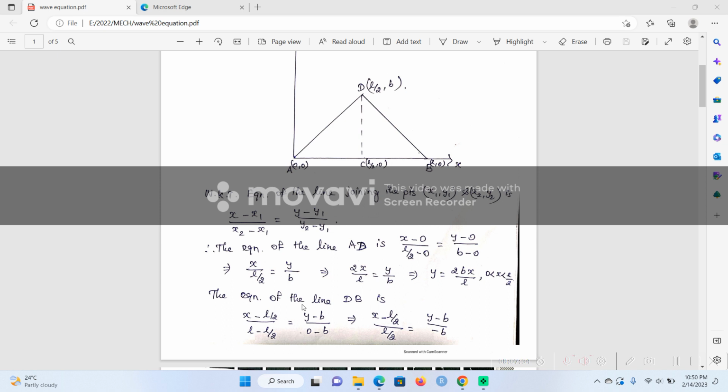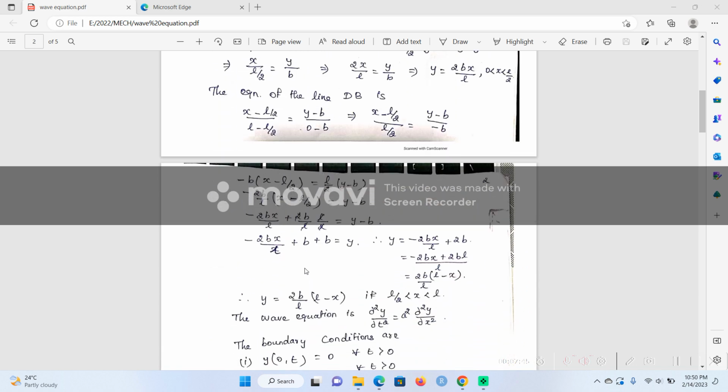Applying the x1, y1, x2, y2 values in this formula properly, we will get y equal to minus 2bx by L plus 2b.